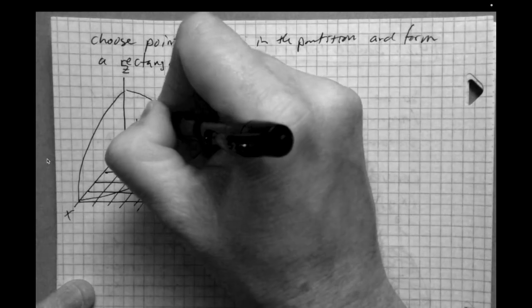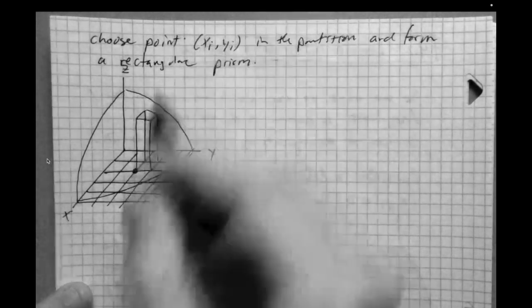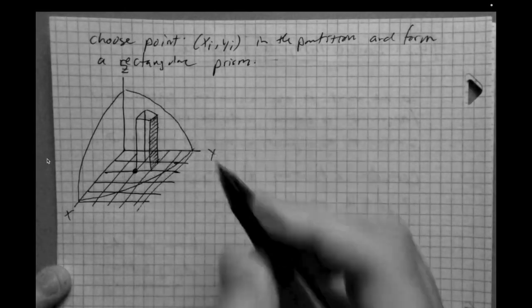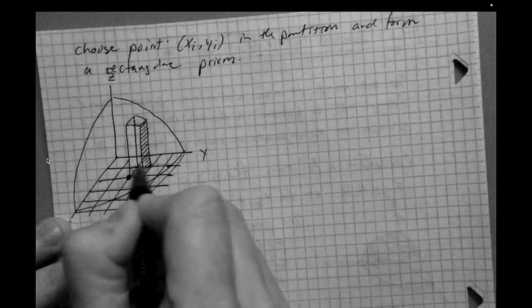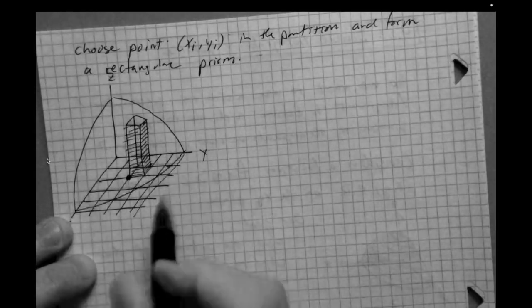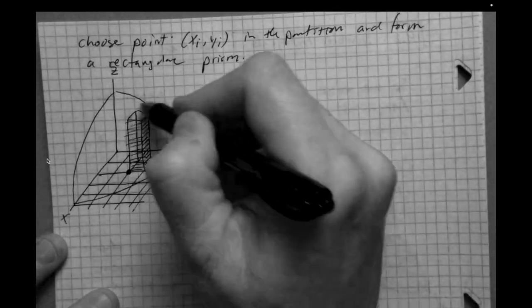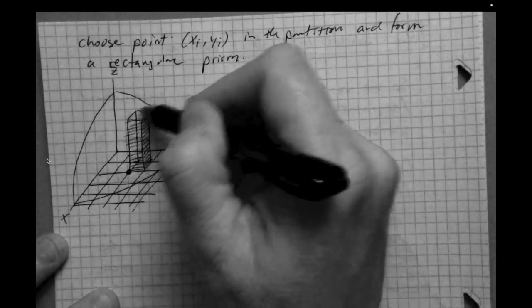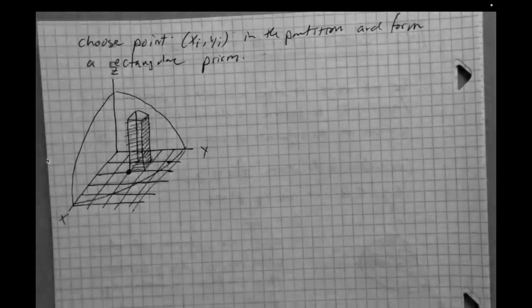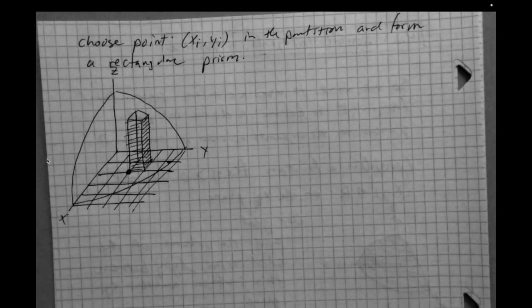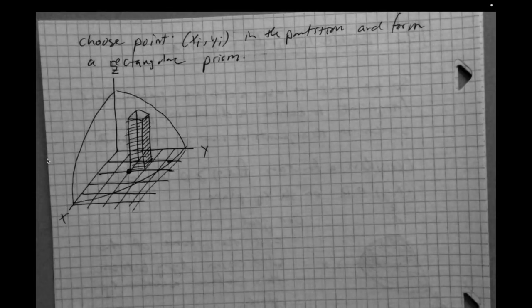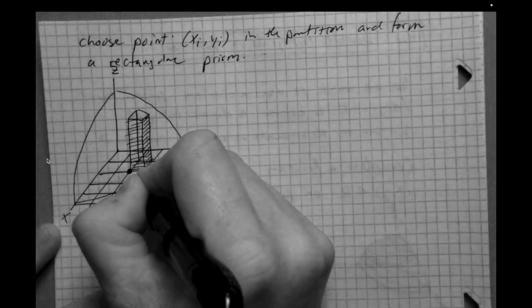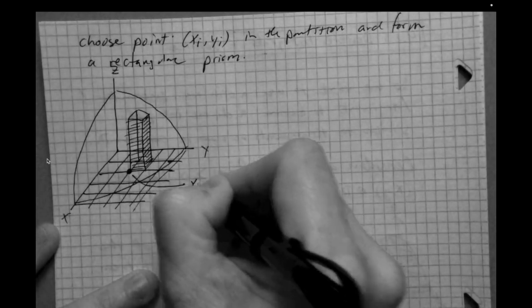Add a little bit of shading so that you can see what it's doing. It's coming up off of the grid, and where does it stop? Well, it stops on the surface. So it comes up through the surface, and the top of the prism is level with all of the edges of the surface.